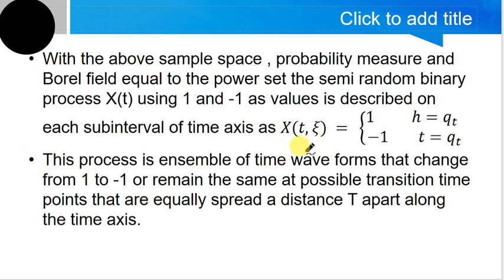X of t comma eta. This is your process, the semi-random binary process x of t. Having now understood that x of t comma eta is 1 when q of t is H and minus 1 when q of t equals T, we move further to study the characteristics of this particular function.